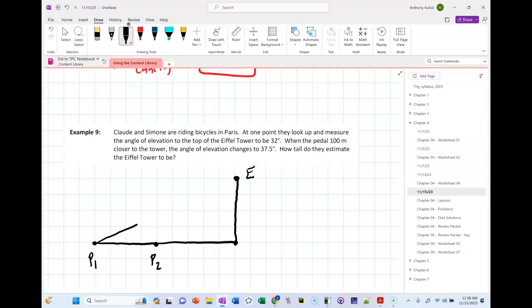At the first point, we know that our angle of elevation was measured to be 32 degrees. And then we pedaled 100 meters closer to the tower. And we measured our angle of elevation a second time. And now it's 37.5 degrees. And we're looking for how tall that Eiffel Tower is.